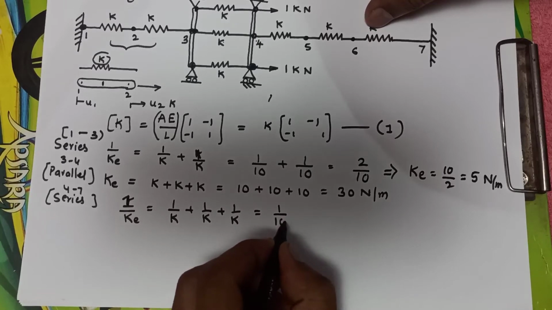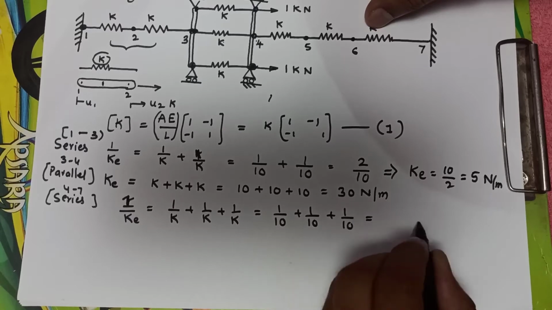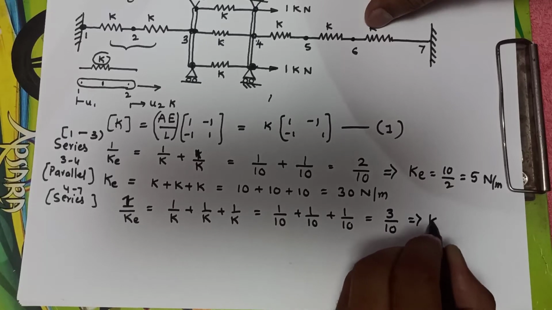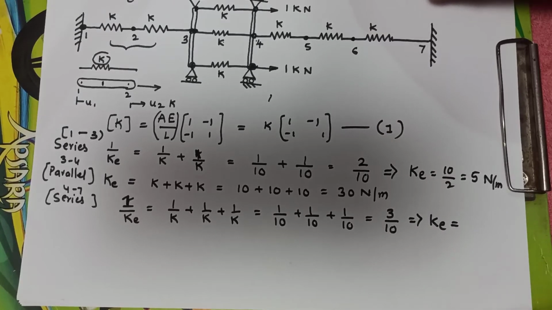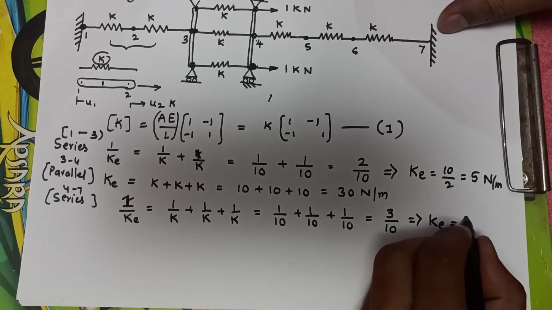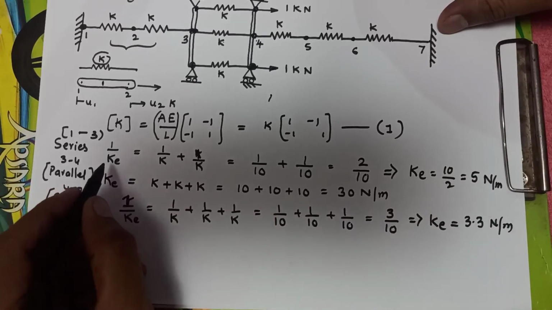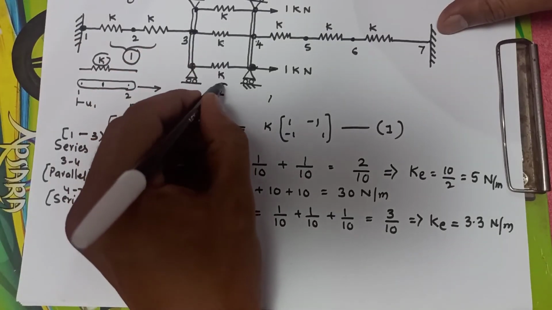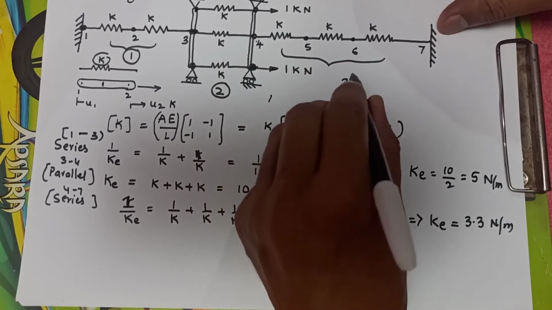So 1 by 10 plus again 1 by 10 plus 1 by 10, so here it will be 3 by 10. So K value is equal to 10 by 3, which is 3.3 Newton per meter. So this is for the 1, here it will be 2, and this one, all 3 elements together, it will be 3.